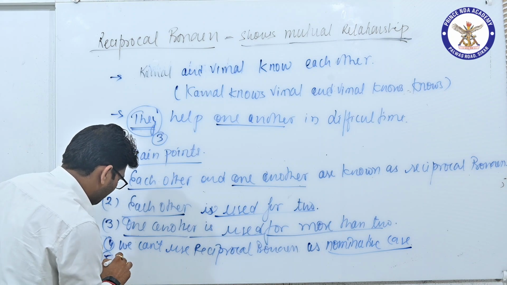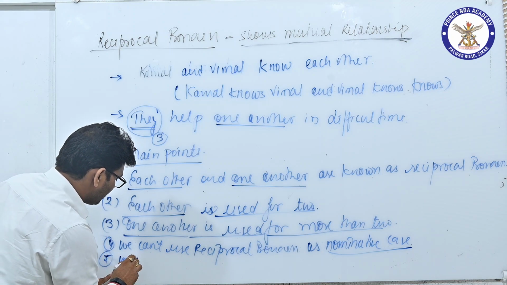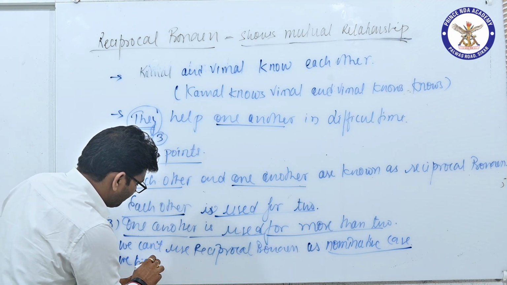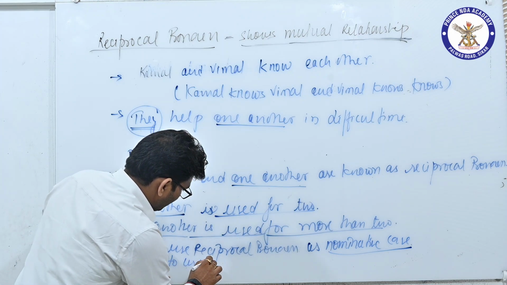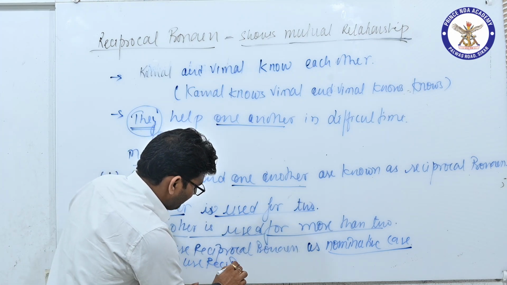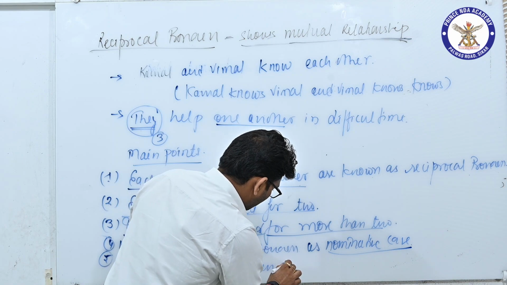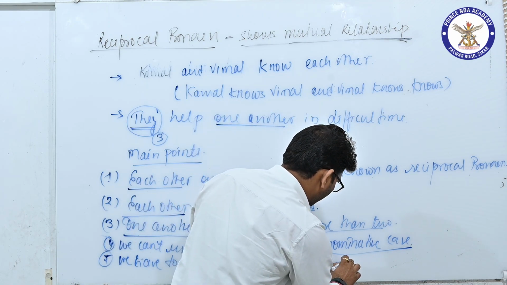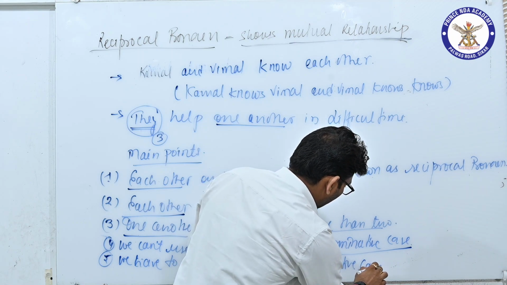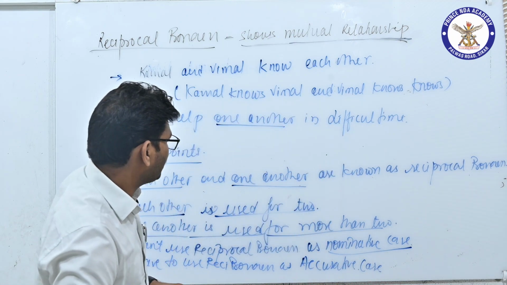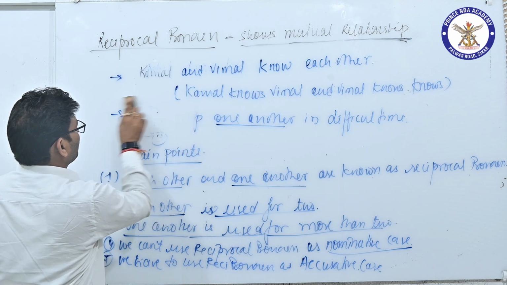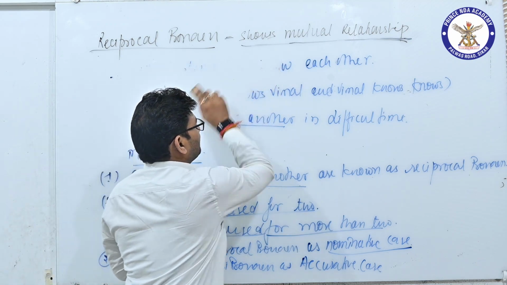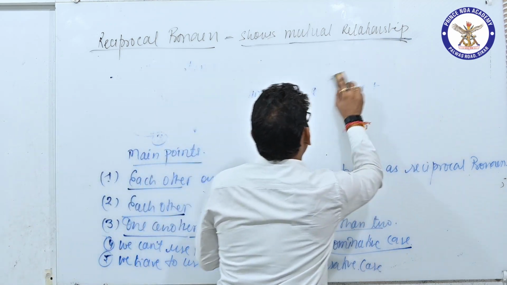Fifth point, we have to use reciprocal pronoun as accusative case. I am going to write down some sentences and you have to go through these sentences and you will learn what is nominative case.